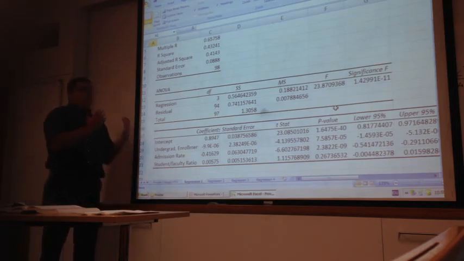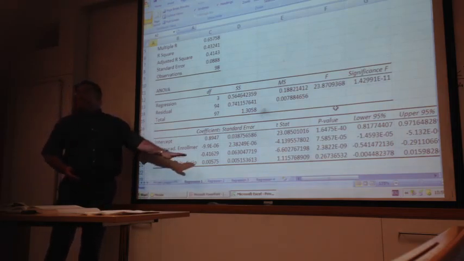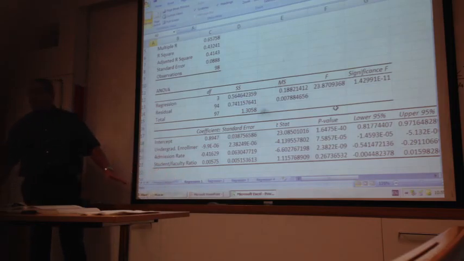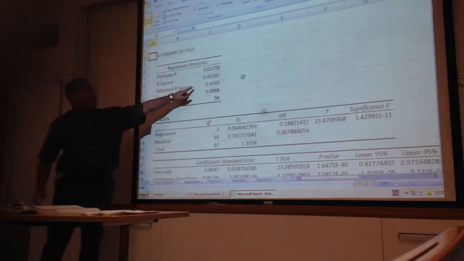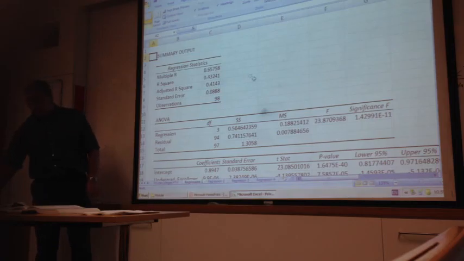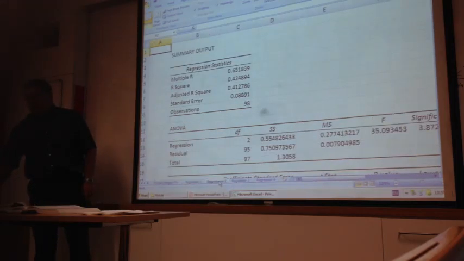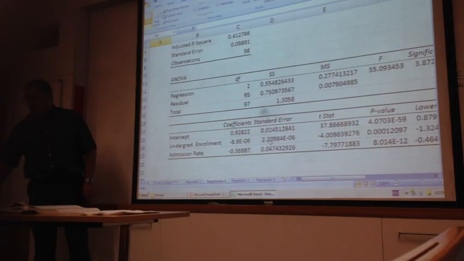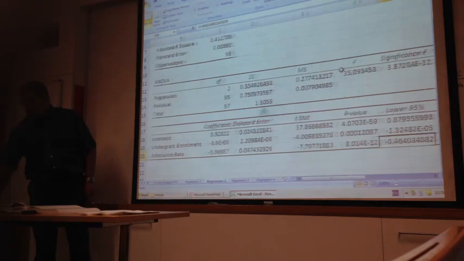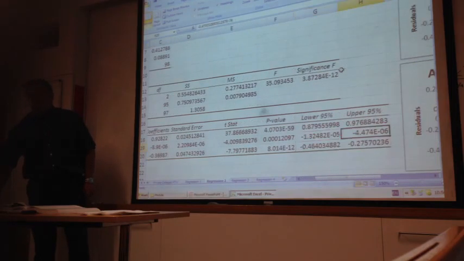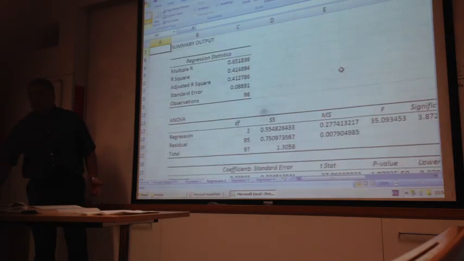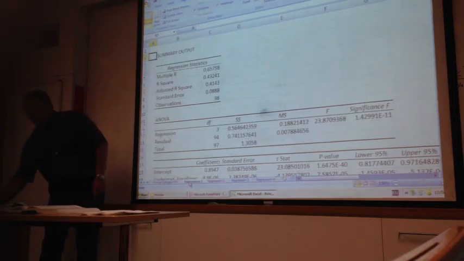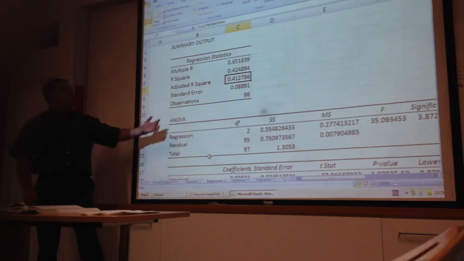Okay? So what's the logical next step? Do it again, taking this variable out. So we can see here the adjusted R squared is 4143. If we take that out, we now have both coefficients being significantly different from 0, and our adjusted R squared went from 4143 to 4128.